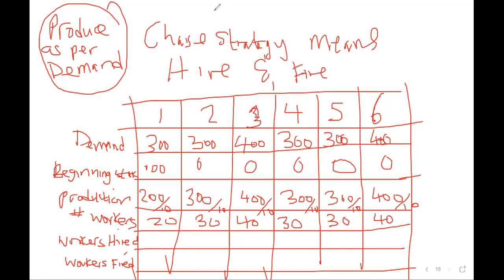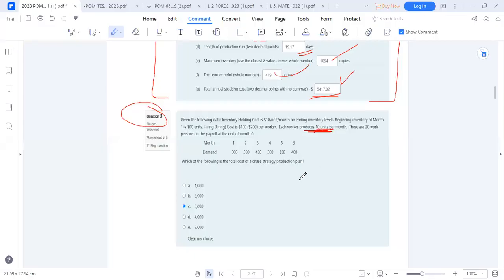So here you can see now, we want to find the answer here. Okay, for this question. There are 20 persons on the payroll at the end of month 0. So month 0, before the current month, before we start, how many workers did we have?